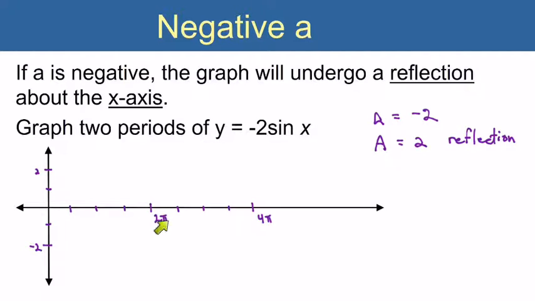So the period is 2 pi, and then 1, 2, 3, 4 more marks, and then that'll be another period. So take the 2 pi we had before and add 2 pi, and now we're at 4 pi. And so we've got our axes set up.